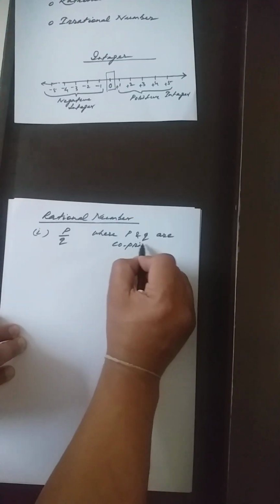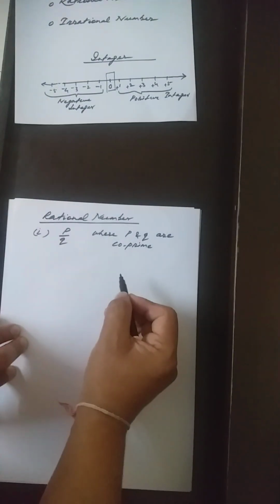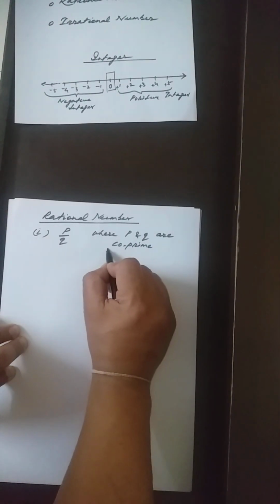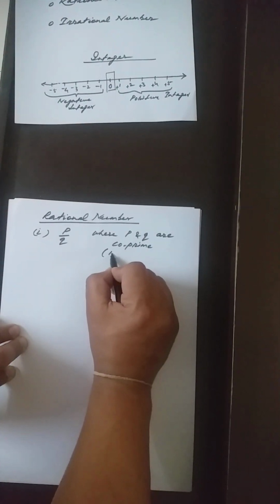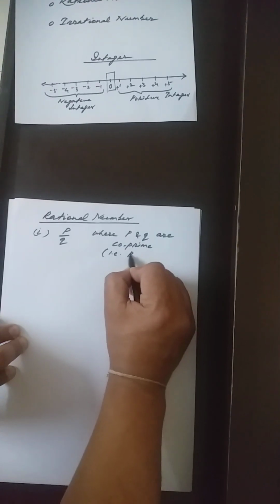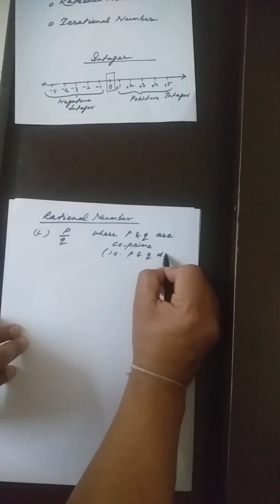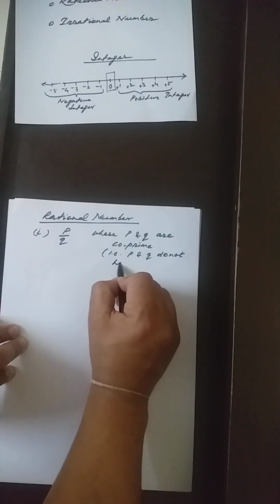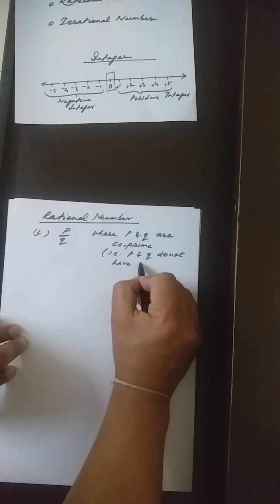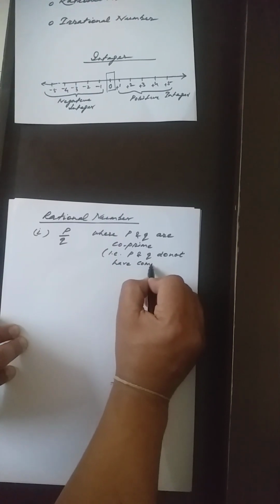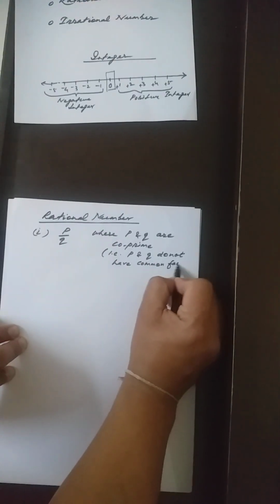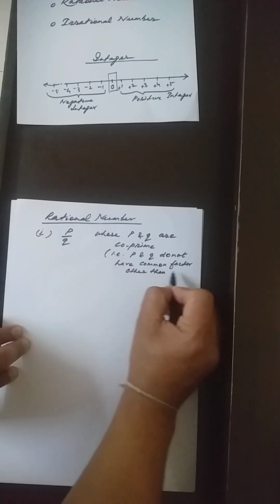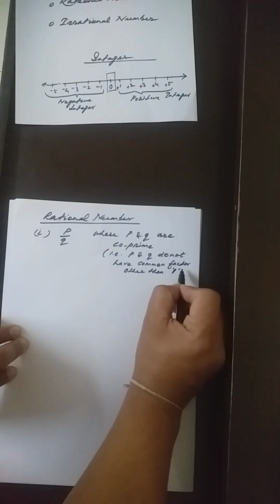What do you mean by co-prime? It means p and q do not have a common factor other than 1, meaning digit 1.